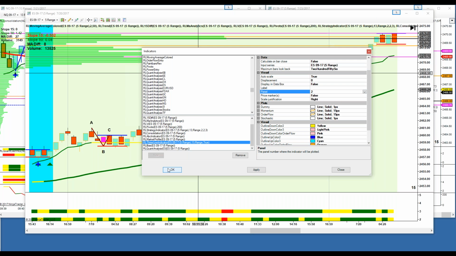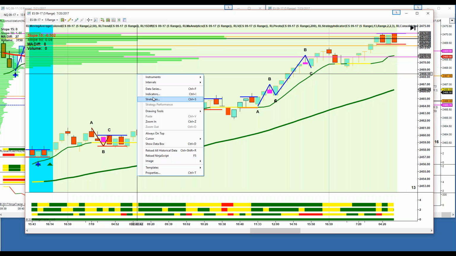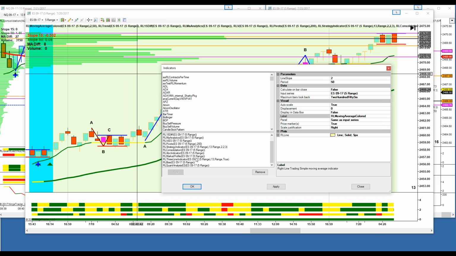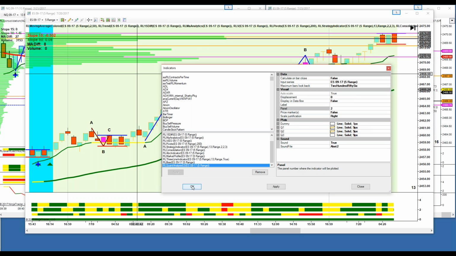Well, we don't have the ability yet, so we're just going to have to put them together. Now let's separate them. The 3-line is going to go into panel 3. And our quant is going to stay in panel 2.